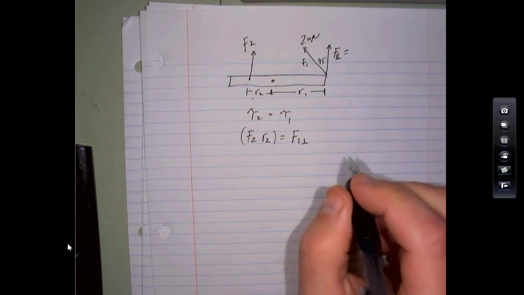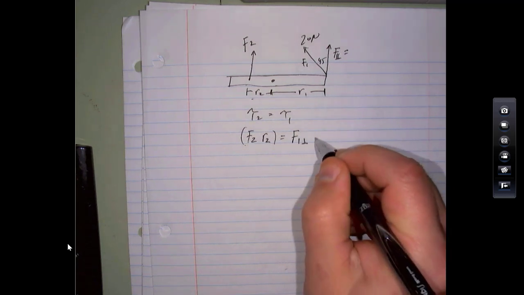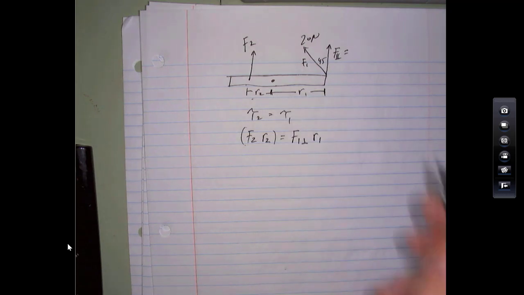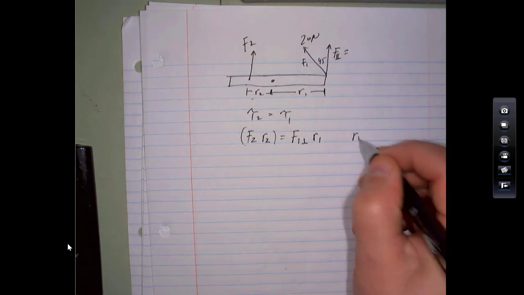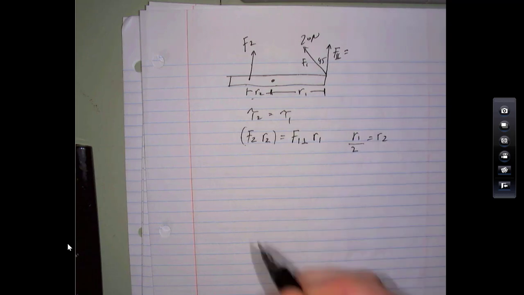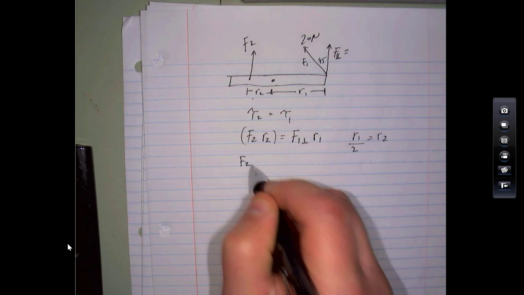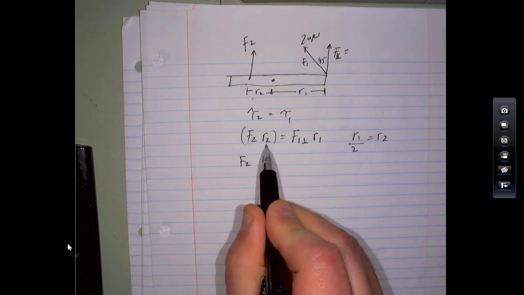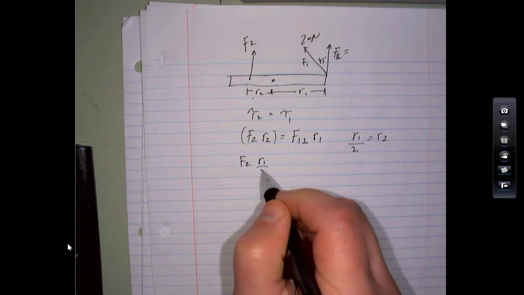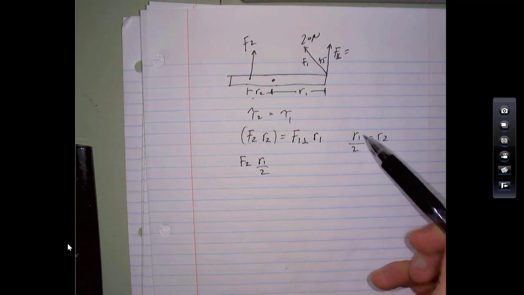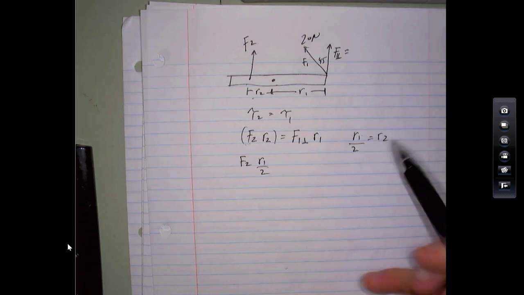Then we've got to multiply it by R1. But we don't know R1 and R2. We just know that R1 divided by 2 gives you R2. So let me plug that information in. F2, and now we know R2 is R1 over 2. If you take R1 divided by 2, you get R2. That's how I know this relationship.